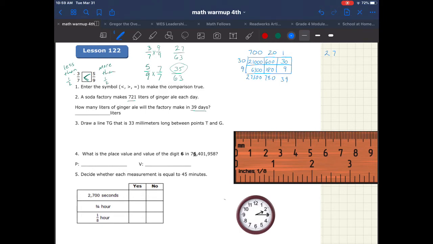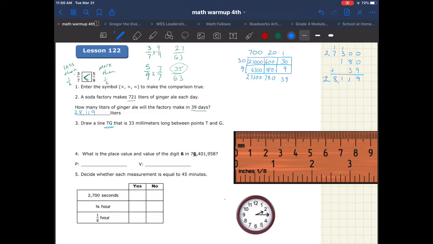Write them over here. 27,300 plus 780 and 39. Looks like 28,119. 28,119 liters.